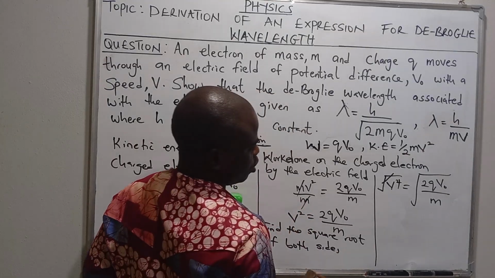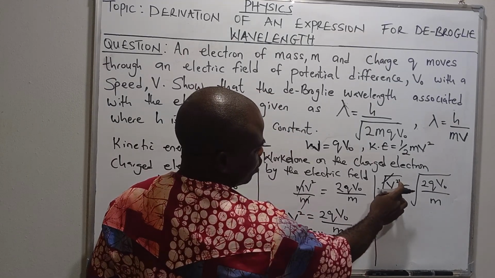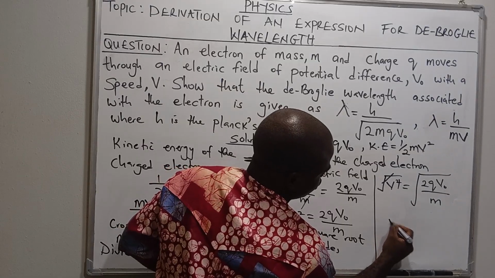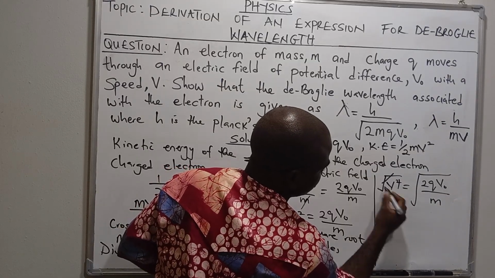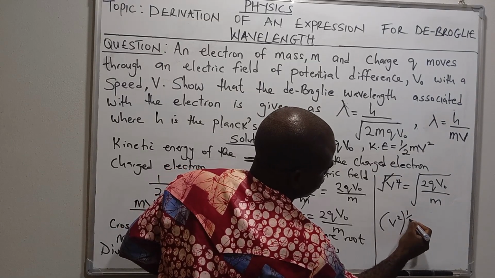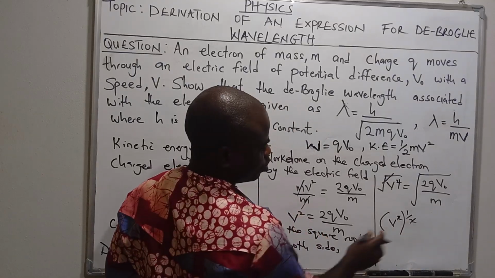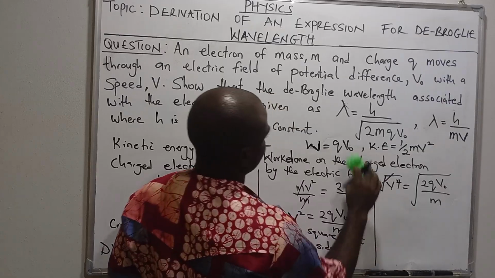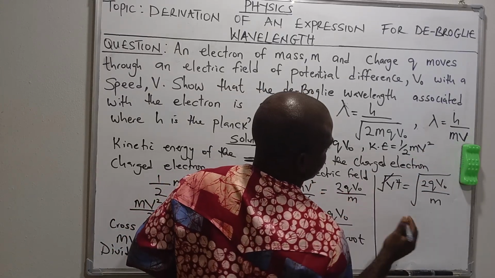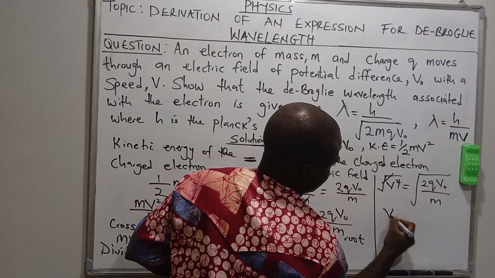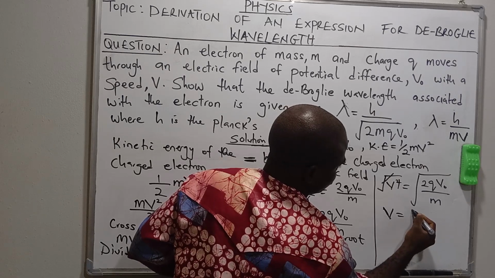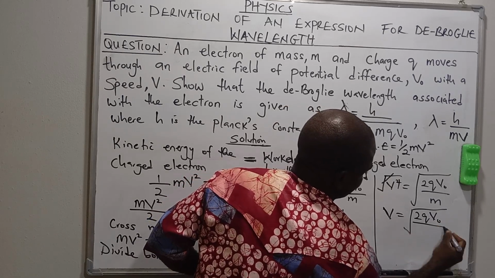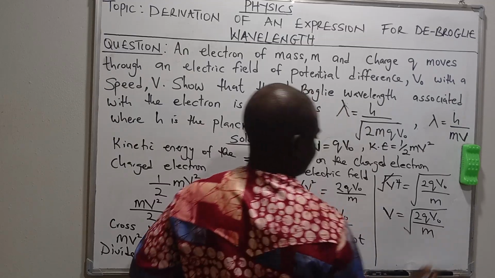Why did they cancel out? Don't forget that you have v squared, and this square root means half. Half will be here, so these two will cancel and we are left with v. That's why it cancels out. Now we have v equal to square root of 2qV naught over m.